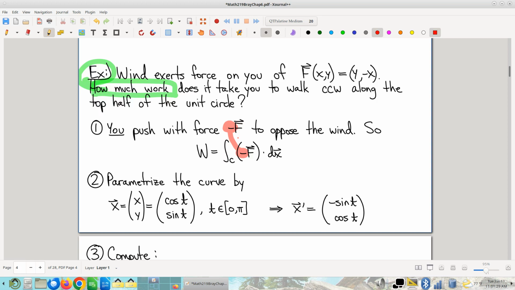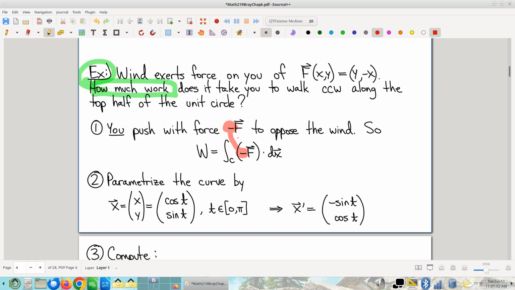This is unfortunate, but it's the nature of the world. Sometimes you'll be given the force that you are exerting and is the correct force to use in the formula. Sometimes you will be given the force opposite that you are opposing, and then you have to remember to insert the minus sign. So heads up, and always interpret it.